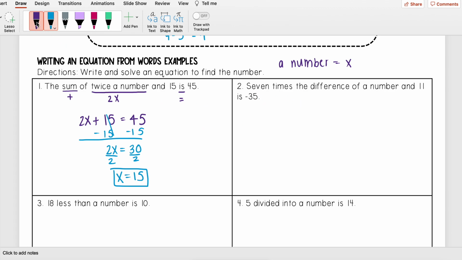Okay, looking at this next one, it says 7 times, so now it's multiplication, the difference, so subtraction, of a number, which we know is x, and 11 is negative 35. So this one's a little bit tricky. It's saying 7 times the difference.